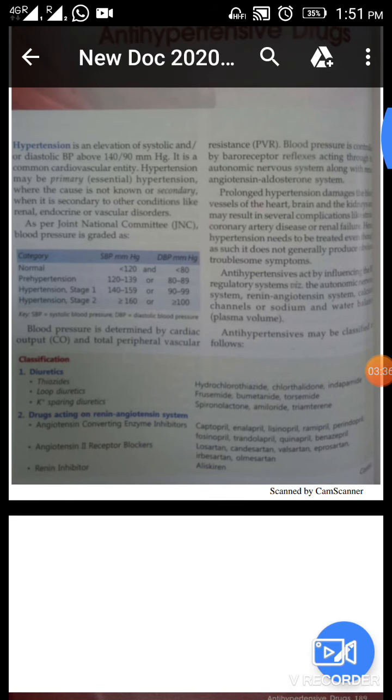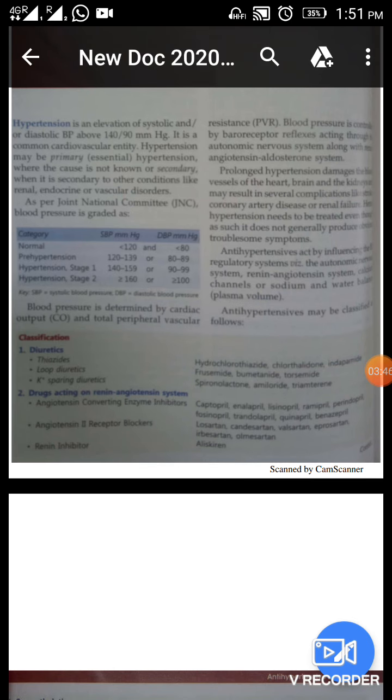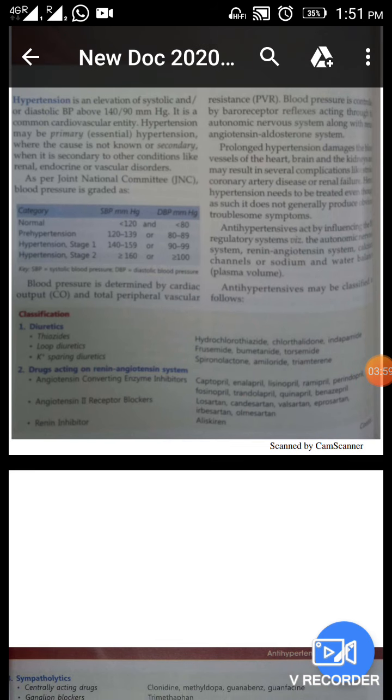First one is angiotensin converting enzyme inhibitors. In short, ACE inhibitors. The drugs are captopril, enalapril, lisinopril, all the names suffixed by pril, right? Names suffixed by pril are categorized under ACE inhibitors.